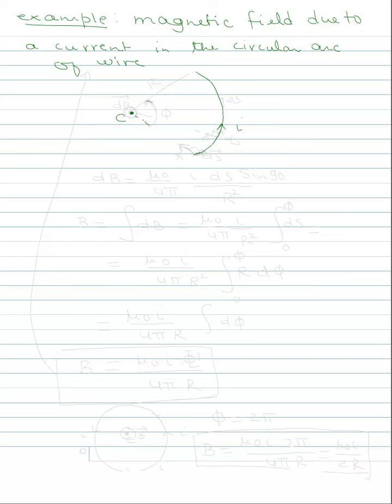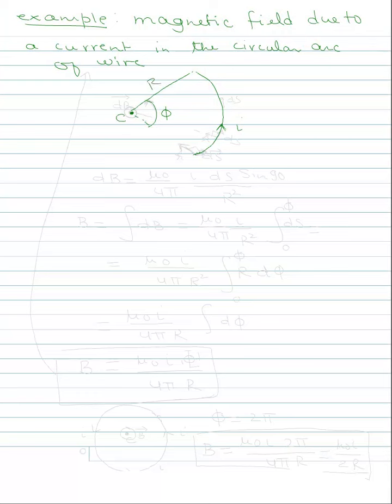And let's say that this arc makes a total angle phi here. So from one end to the other, this angle is phi in radians. Now we also know that the radius of this circular arc is capital R.